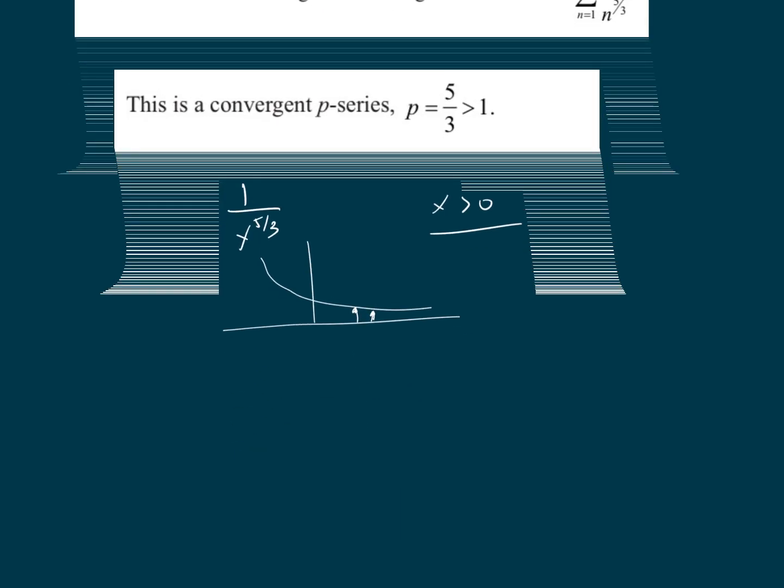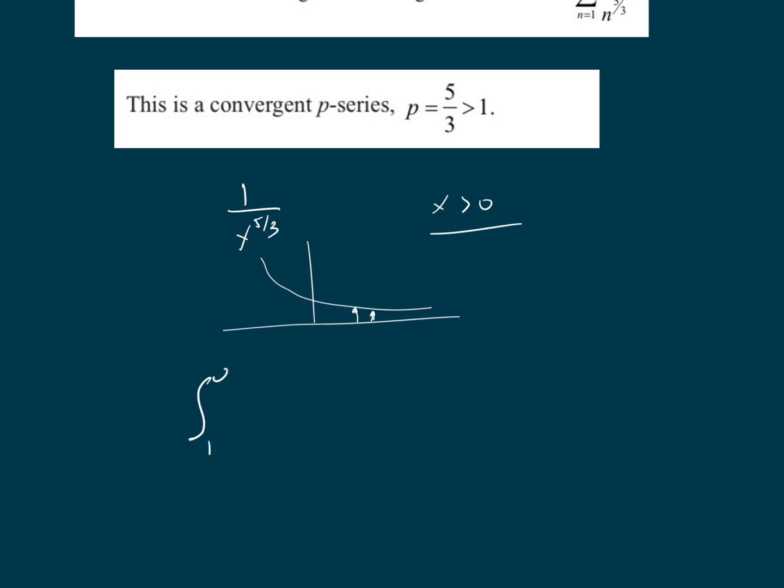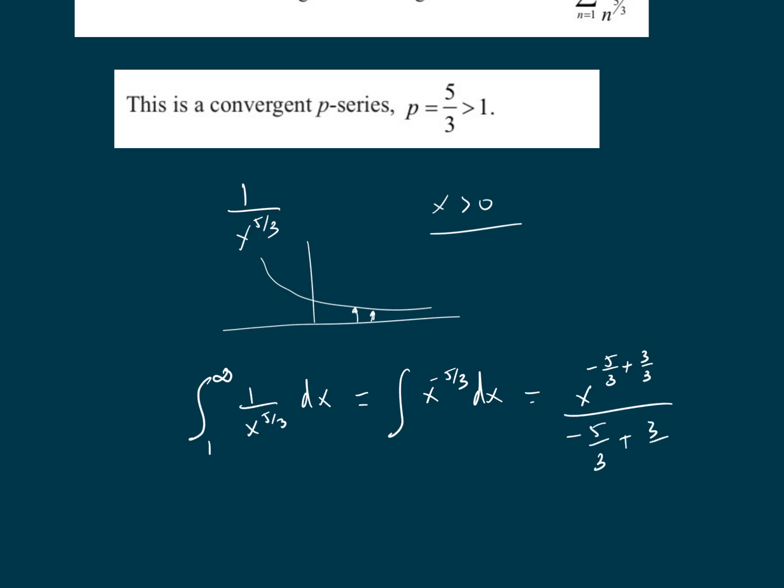So I can apply the integral test. The integral test says: take the integral from 1 to infinity of 1 divided by x^(5/3) dx, and see if this integral converges. If this integral converges, the series will converge. So what is this integral? It is the integral of x^(-5/3), so it will be x^(-5/3 + 1) divided by (-5/3 + 1).